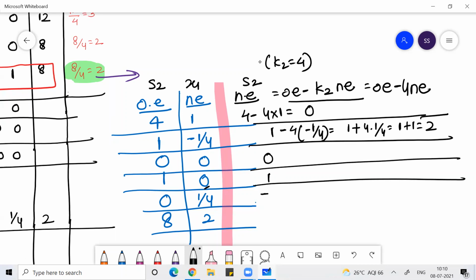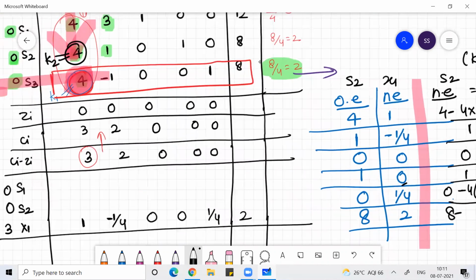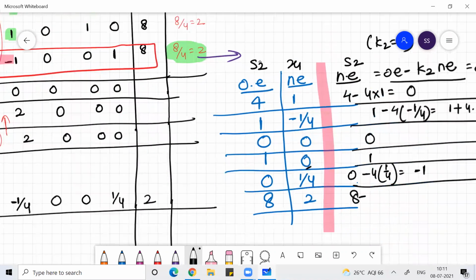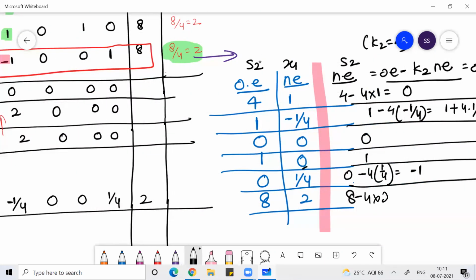Then 0 minus 4 into 1 by 4. This will be minus 1 only. Then this would be 8 minus 4 into 2. That would be 0 only.